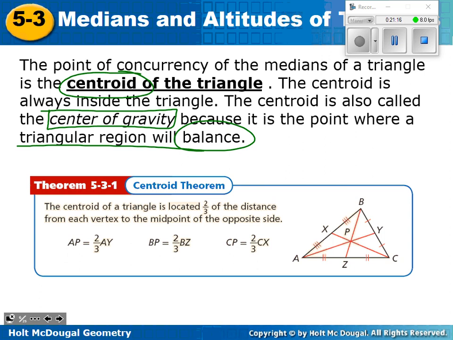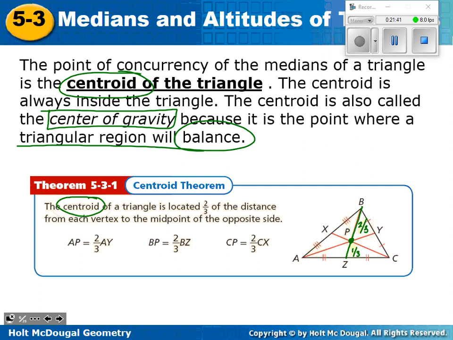The centroid theorem says that the centroid will split your median. So look at the median. Here's our centroid. It's going to split that median into two pieces. One piece is going to be 2/3 of the whole thing. The other piece is going to be 1/3 of the whole thing.